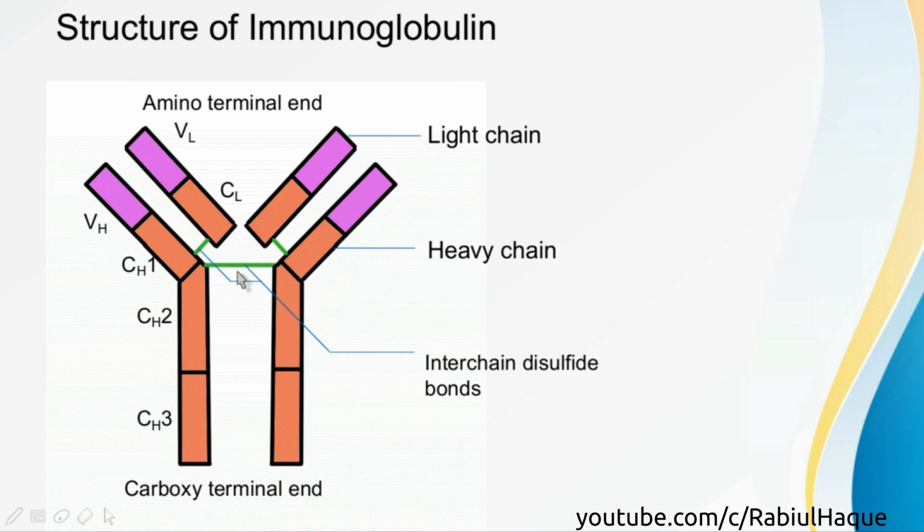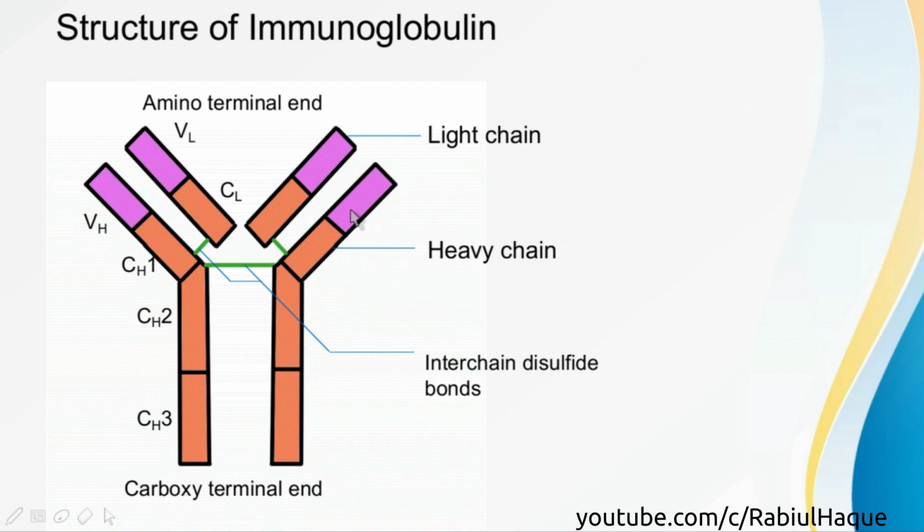Note that part of light chain and part of heavy chain are drawn in purple color, and these are the variable regions of immunoglobulin. Now, you may be asking me, Dr. Robiul, why are they called variable regions?